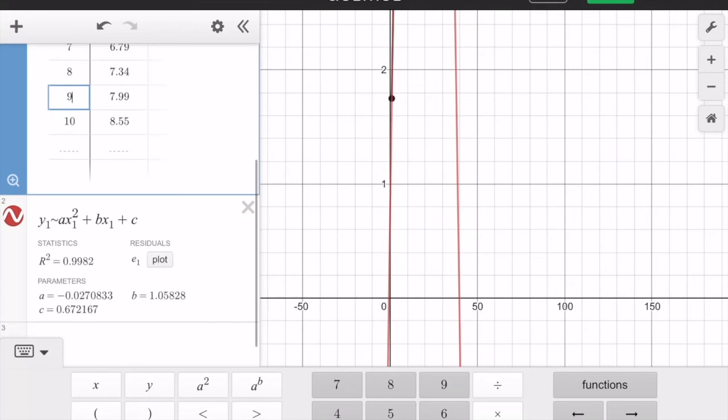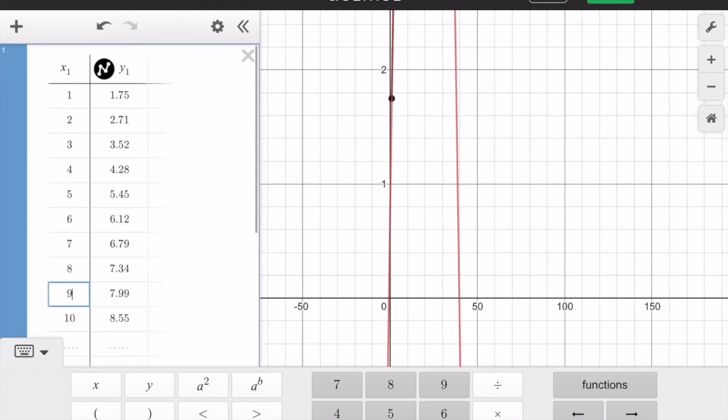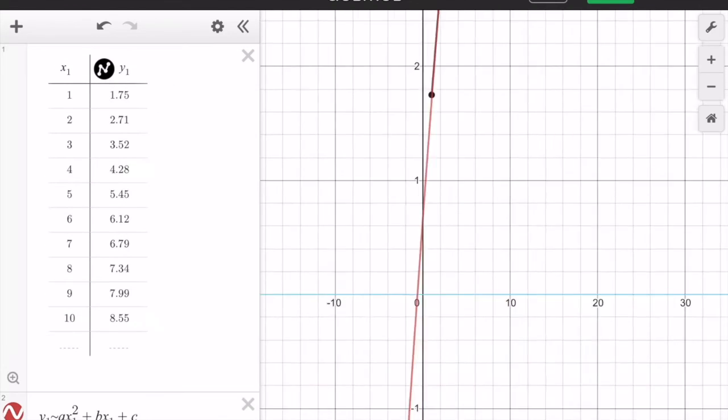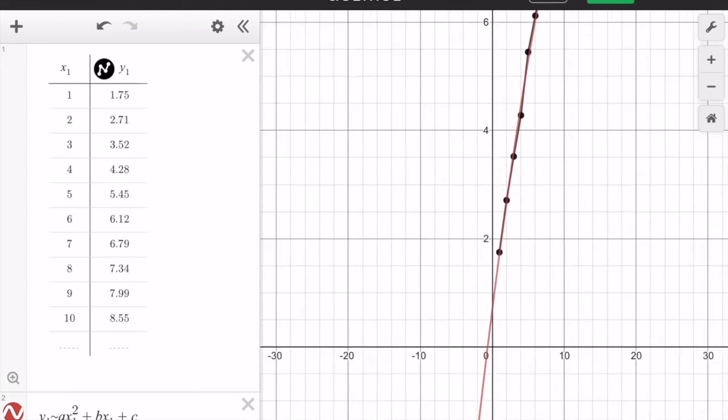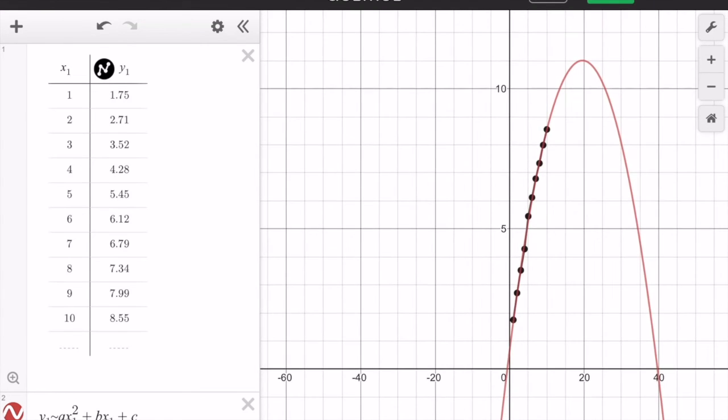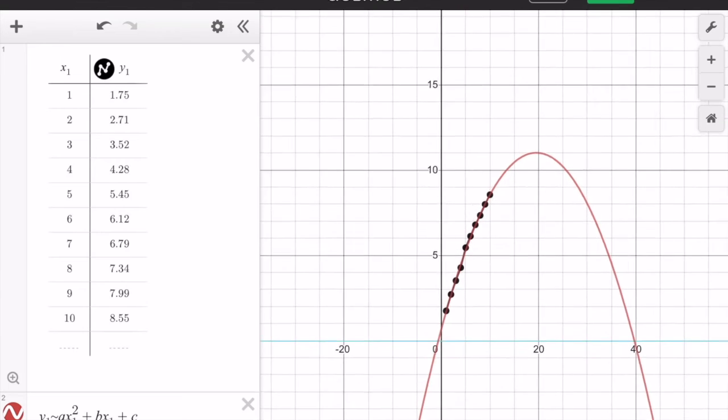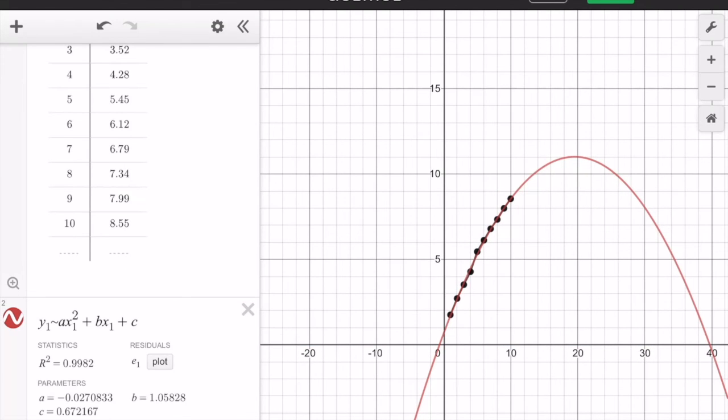So when I plug this into Desmos, I'm going to stretch this a little bit so we can see this parabola. So here are the data points. And you can see that the parabola is going above, and then it starts to drop down.